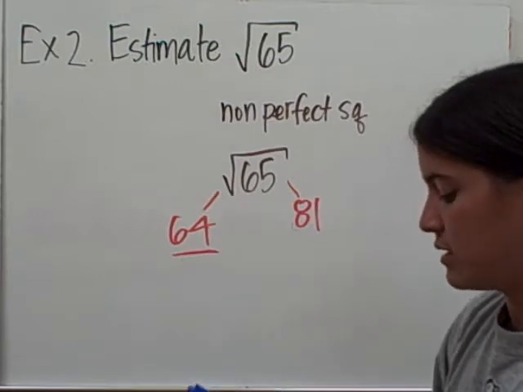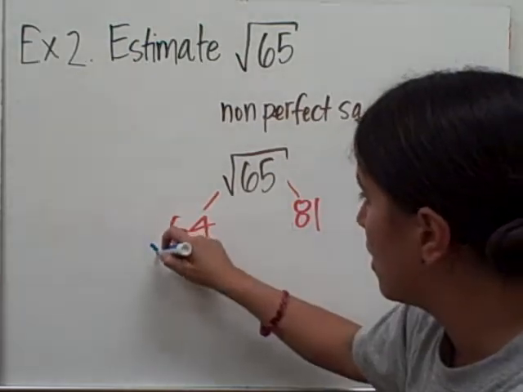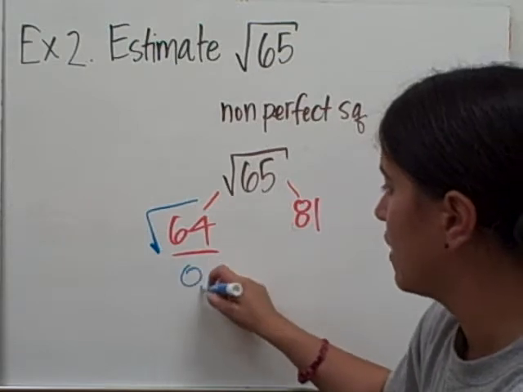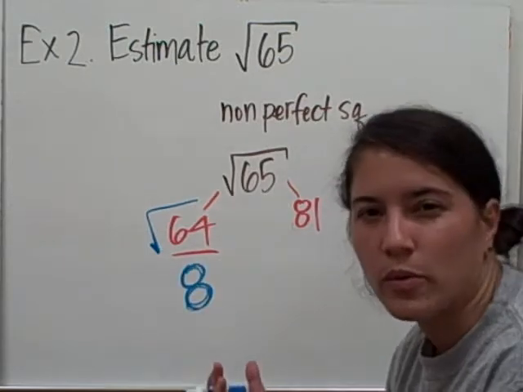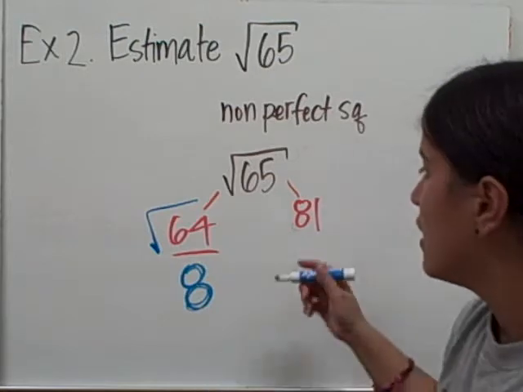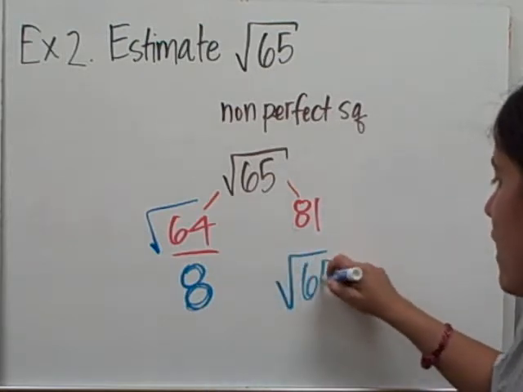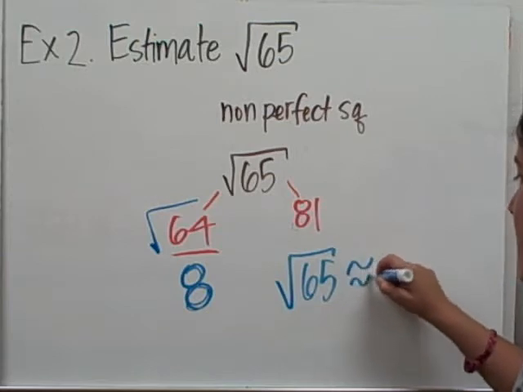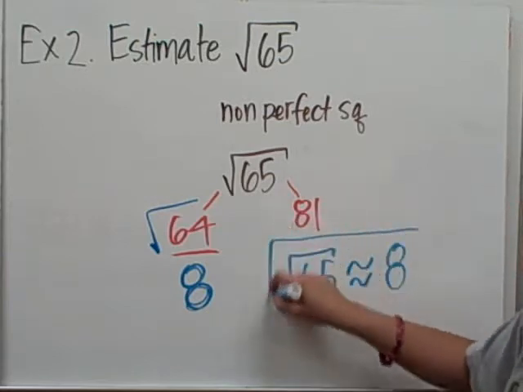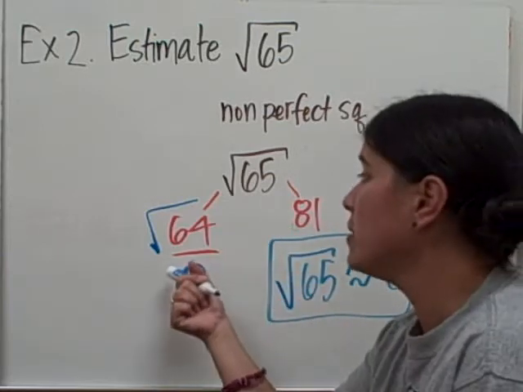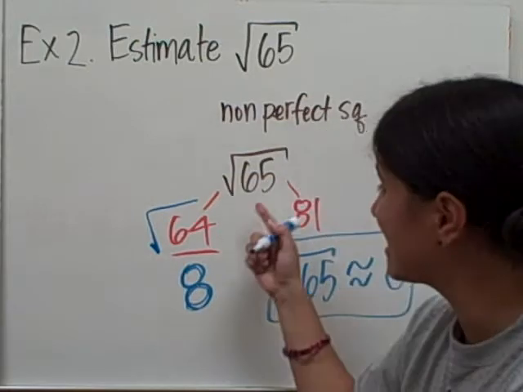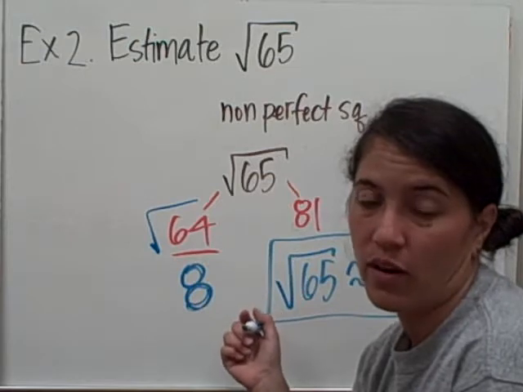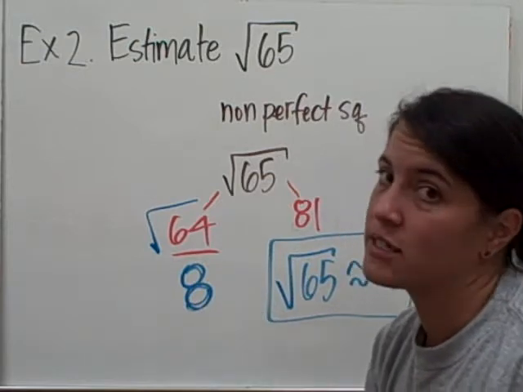So what is the square root of 64? 8. And again, we're just using the principal square root right now. So that means the square root of 65 is about 8. And it's probably not much more than 8, 8.01, 8.1, because 65 is very close to 64. So it's very, very close to 8.